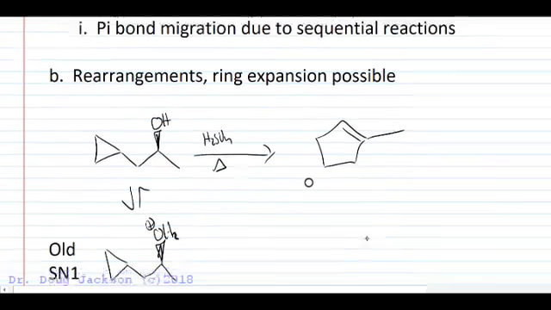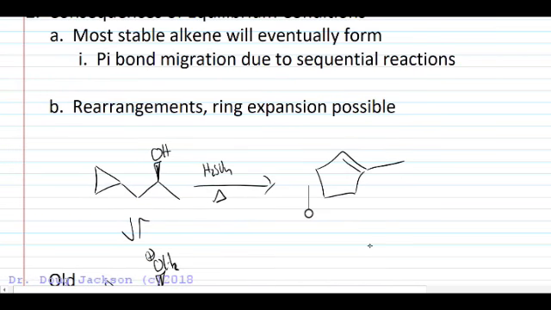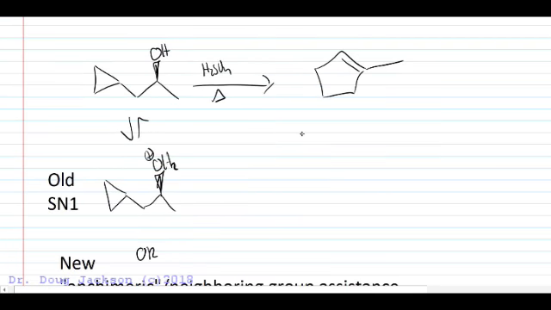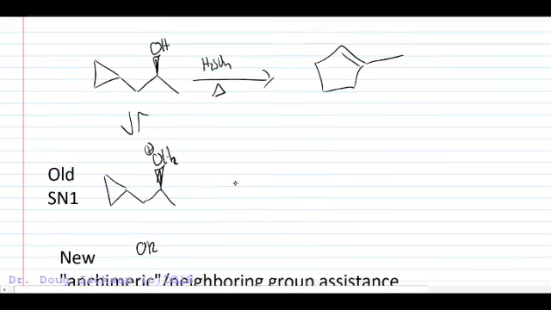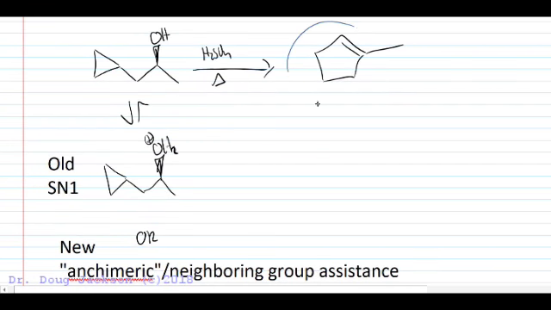Let's look at one that does both of these things, a sequential reaction and a rearrangement, as quickly as we can. So we're going to protonate again via the same pathway, but look at what product we get. Very different than what we'd expect.